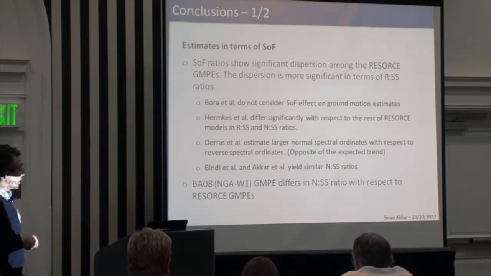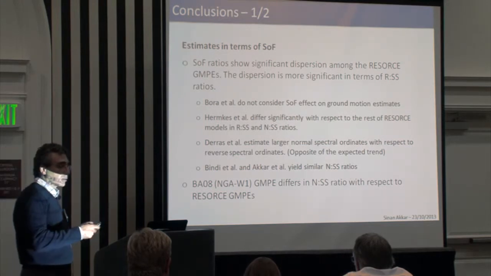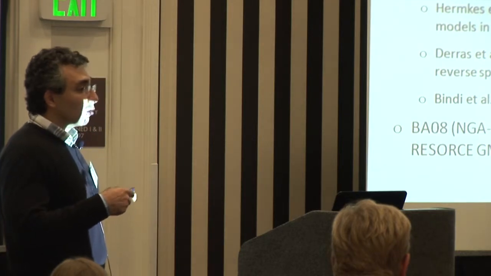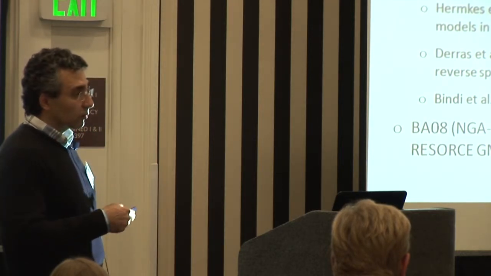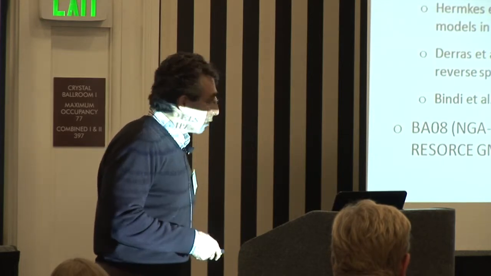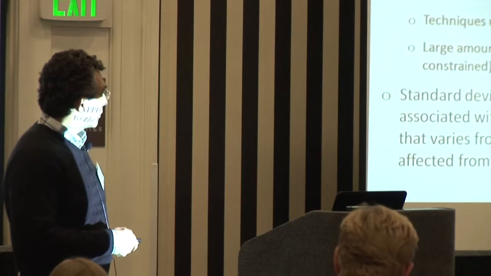And Bindi et al. and Akkar et al., as I tried to emphasize, yield similar normal to strike slip ratios. And if we compare our normal to strike slip ratios with Boore and Atkinson predictive model, we observe that there is significant difference between Boore and Atkinson and our models.